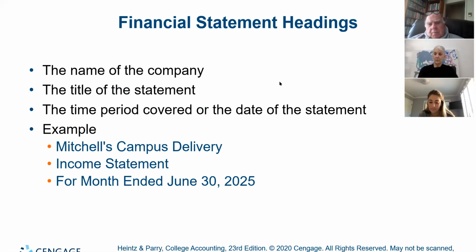This I'd like to talk about, the financial statement headings. You go online and call up anybody's financial statement, or look in your textbook at any page where they're showing financial statements, you're going to see a couple of rules. Of course, you're going to see the name of the company, Mitchell Williams Company in our case, income statement, and then the time period covered, or the date of the statement.